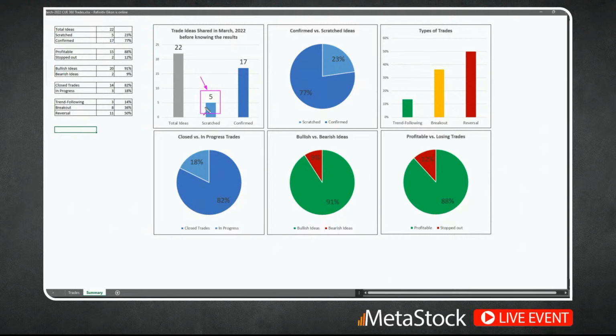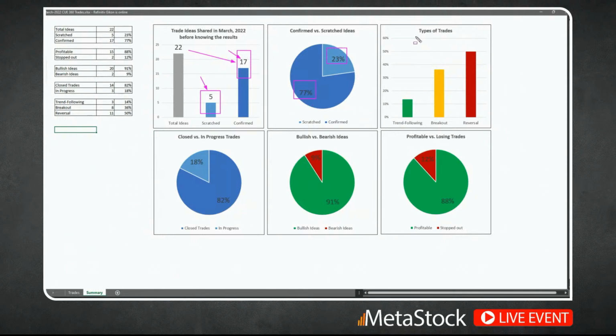So the trade was scratched, means Q traders would not take the trade. And the confirmed trades means at the close of the day, the trades were confirmed. In Q techniques, we don't have to wait for the next day. We could take the trade on the day itself. So 17 out of 22 were confirmed. The percentage is 77 confirmed, 23 scratched.